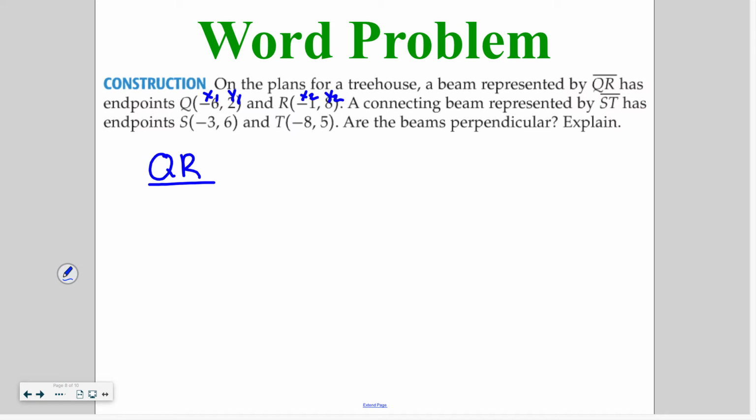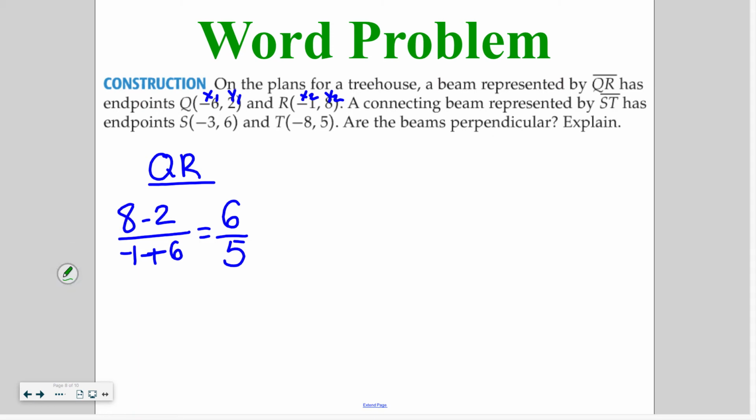Using our slope equation, I've got y2 minus y1 over x2 minus x1. 8 minus 2 gives me 6. -1 plus 6 gives me 5. So our slope of line QR is 6/5.